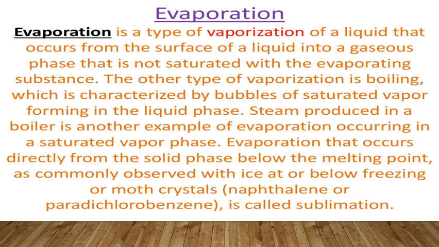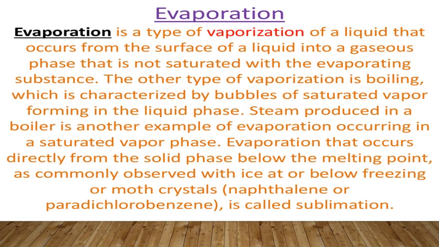The other type of vaporization is boiling, which is characterized by the bubbling of saturated vapor forming in the liquid phase, like steam produced in boiling, which is another example of evaporation. I already told you this example: steam is produced when you boil water. This occurs in a saturated vapor phase.